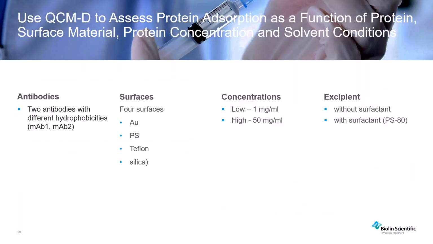So the experimental design here is that we have 2 different antibodies and we have 4 surfaces. These materials are coated on the sensor surface: gold, polystyrene, Teflon, and silicon dioxide. We have 2 different concentrations. We have the excipient PS80, with and without this one, in order to see how this affects the adsorption to the material.